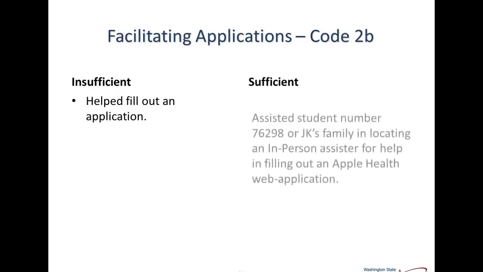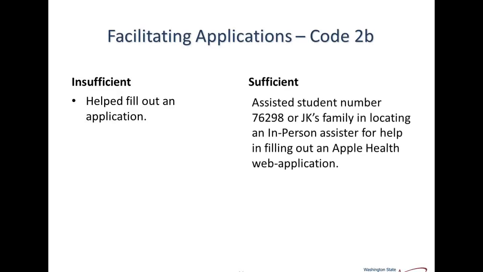From this time study entry, it is not clear. Who were you doing it for? Not mentioned. How does it relate to Medicaid? Again, not clear. For this response, the recommended narrative would be, assisted student number 76298, or JK's family, in locating an in-person assister for help in filling out an Apple Health web application.